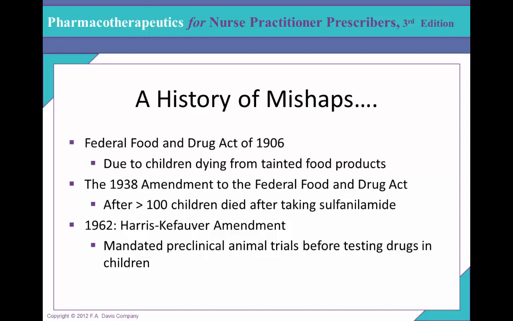In 1962, another amendment passed that restricted drug adulteration, misbranding, and the interstate commerce of unapproved drugs. At this level, it was mandated to do preclinical animal trials before testing drugs in any human being, especially in children.